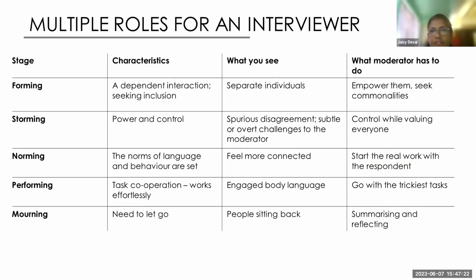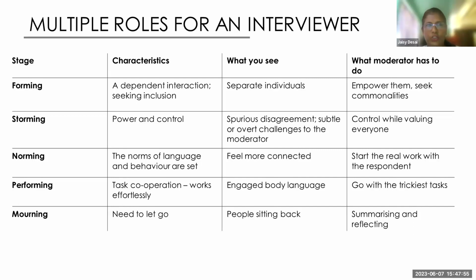So there are multiple roles for an interviewer, and this varies because there are different stages in the interaction. When you're starting an interview, there are different phases within the interview. The typical stages are forming, storming, norming, performing, and mourning. Forming is the initial part where I did talk to you about how to set the whole expectation. So you establish that we see ourselves as two people, because there is a moderator and there is an interviewer.